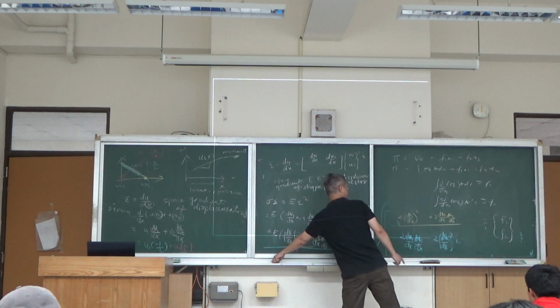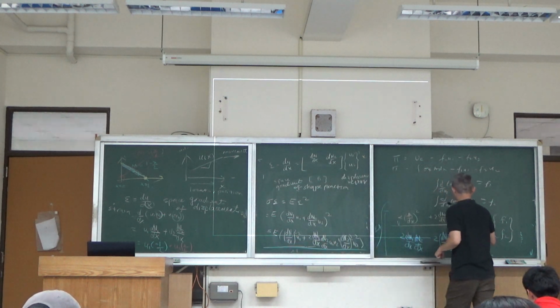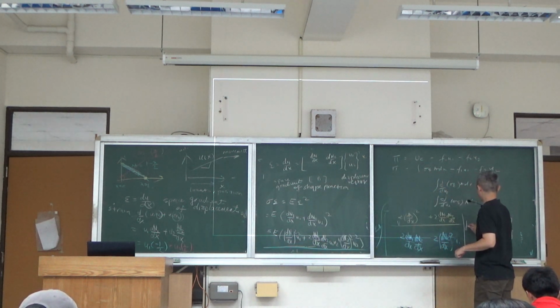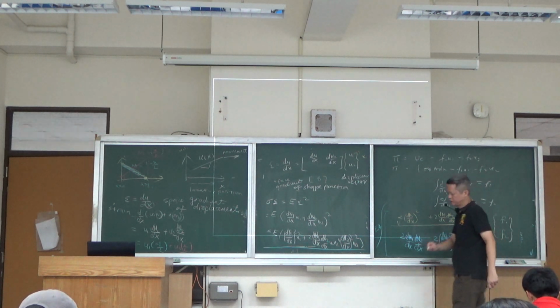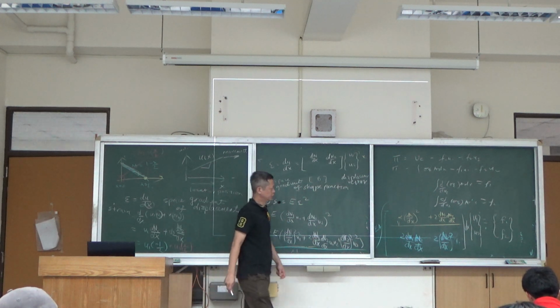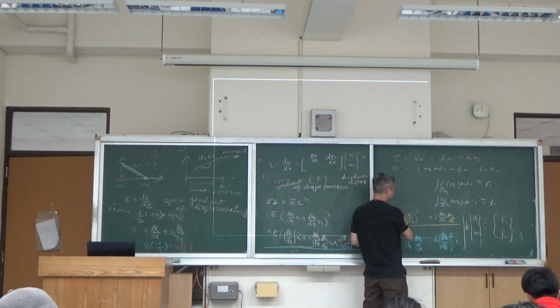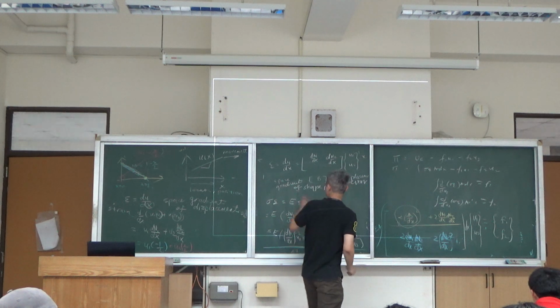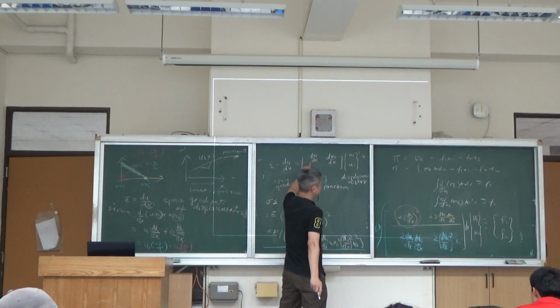This can be re-expressed as a stiffness matrix times unknown displacement U1, U2. So in this case, you might think this is something complex. But remember what is your gradient?